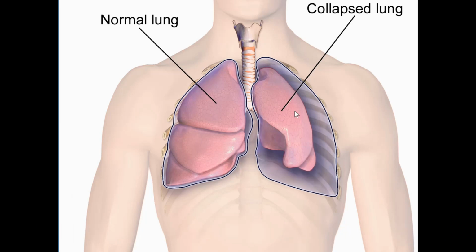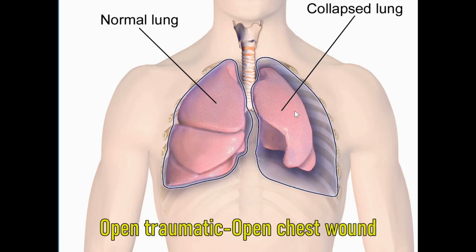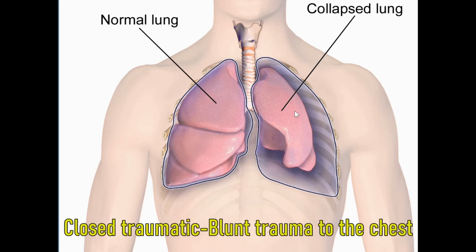Now let's see traumatic. Traumatic can be open and closed. What is open traumatic? There is an open chest wound, as seen in a gunshot or knife stab. When there is an open chest wound, it can cause injury to the pleural membrane. Air accumulates, causing pneumothorax. What is closed traumatic?